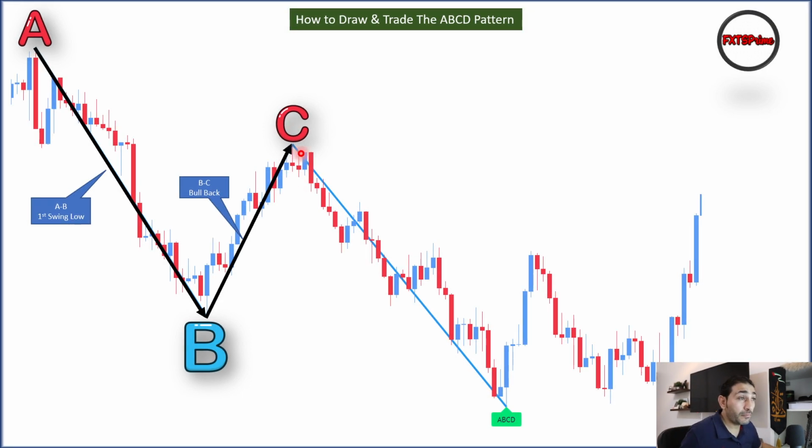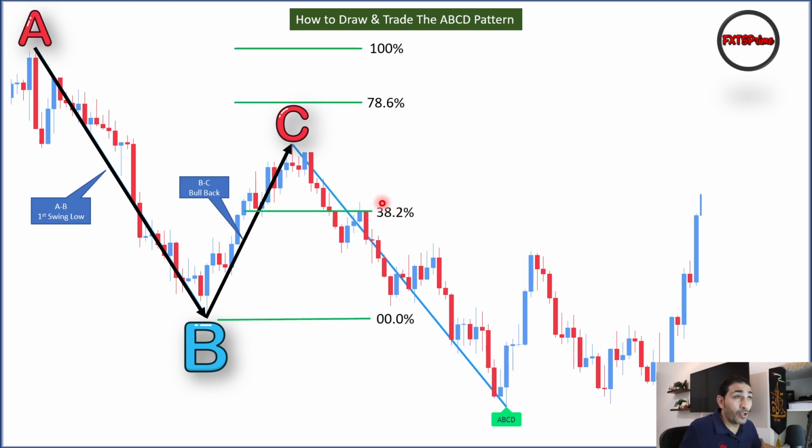Now there is a condition for this pullback. According to the pattern calculation, this pullback has to be measured when you put the Fibonacci retracement level from 0 to 100 between the area A and B. So I'm going to bring the Fibonacci level.